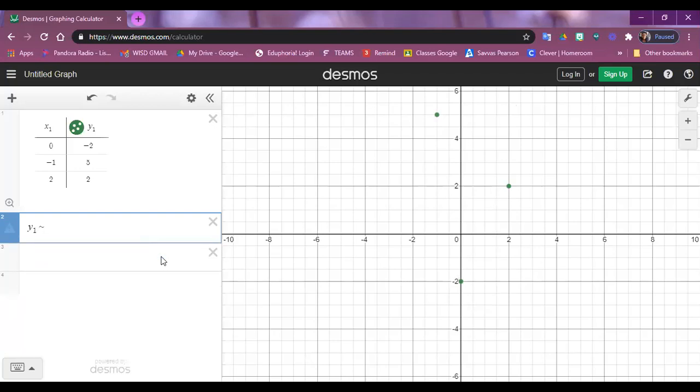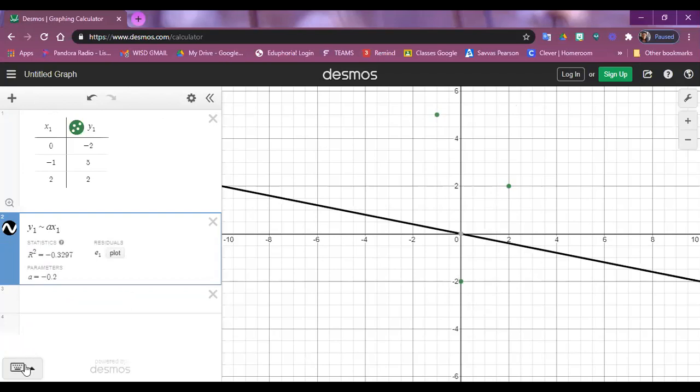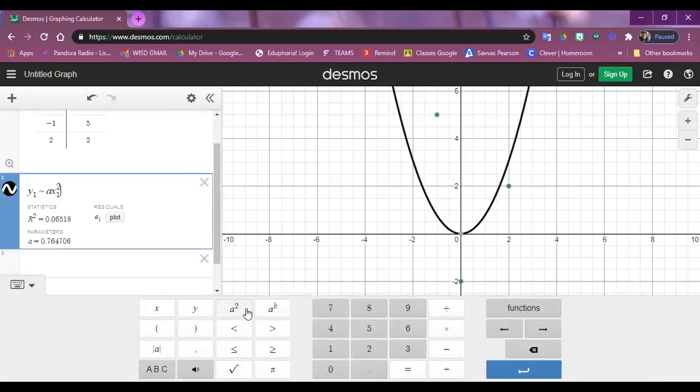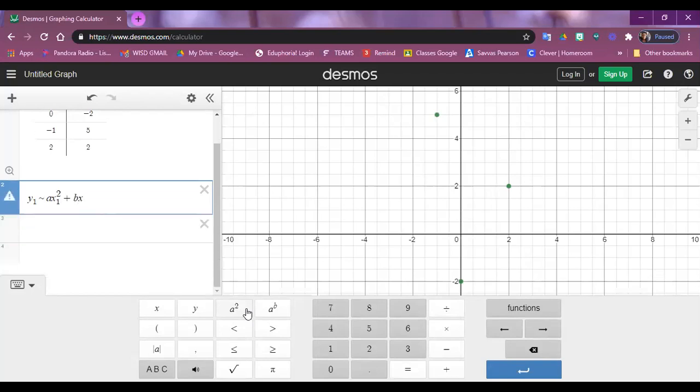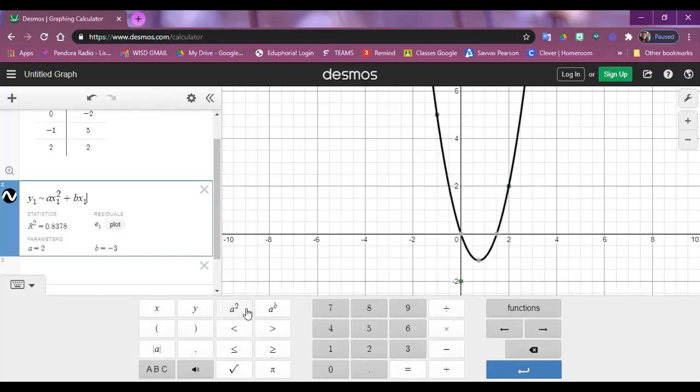Then it's the squiggle line that for some reason I can't tell you the actual name of. And it's your ax squared that you're putting in. But it's x1 if you look at our table, so we put underscore 1. You can either press the square or open the keypad and press the square to make it x squared. Underscore is shift and then the button next to 0. Plus bx underscore 1 plus c.